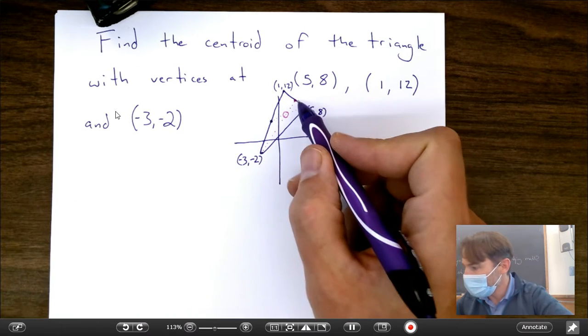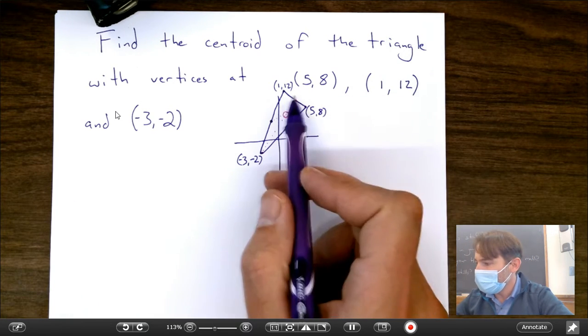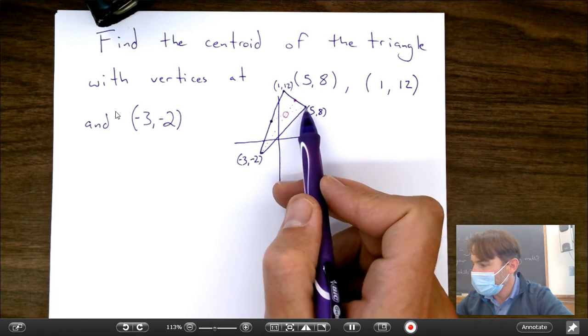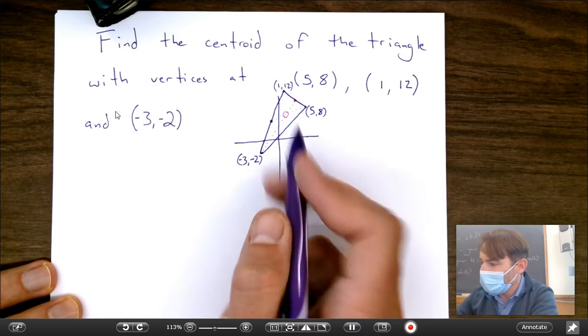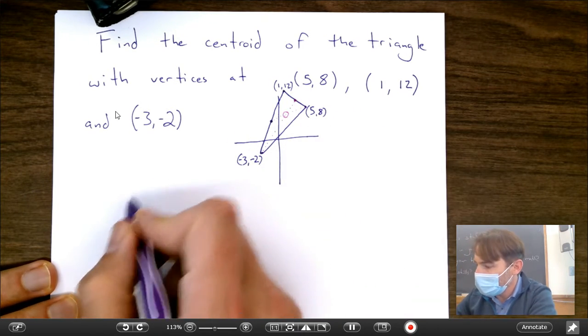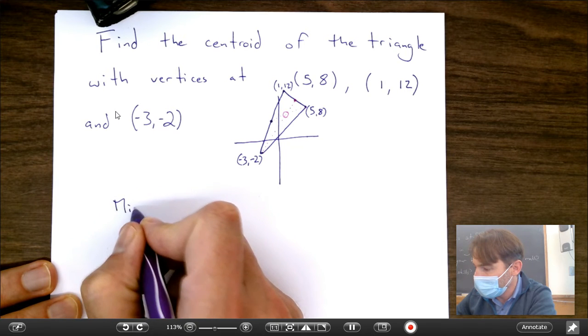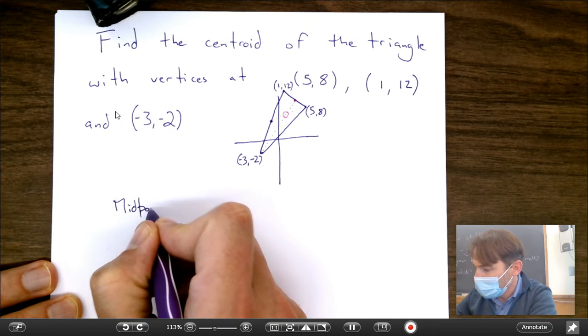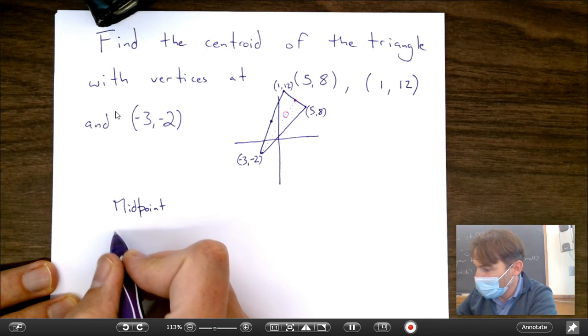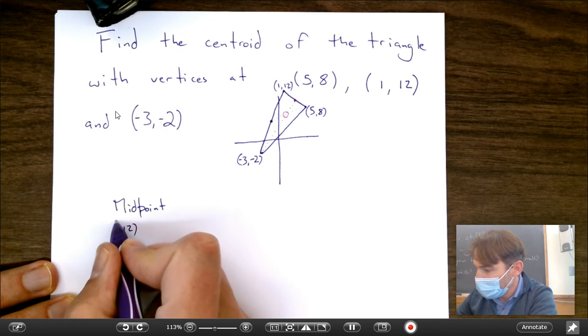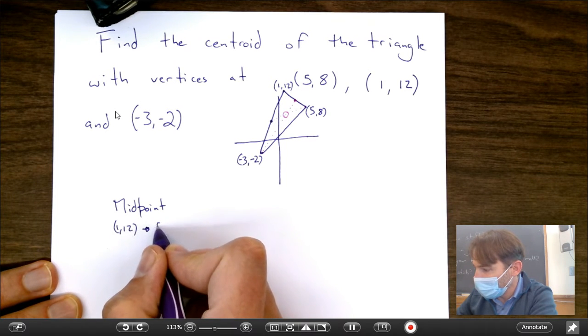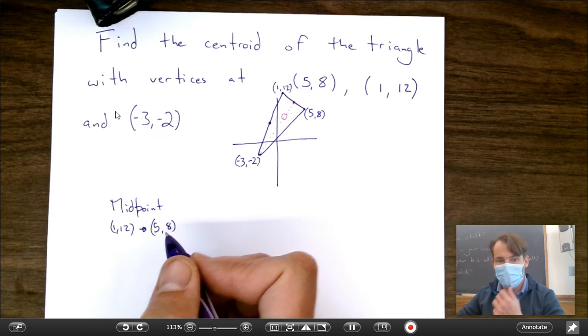First thing we're going to need is this point here. Okay, so let's find the midpoint of these 2 points. We're going to use the midpoint formula. The midpoint going from (1, 12) to (5, 8) is going to be the average of the x and the average of the y.